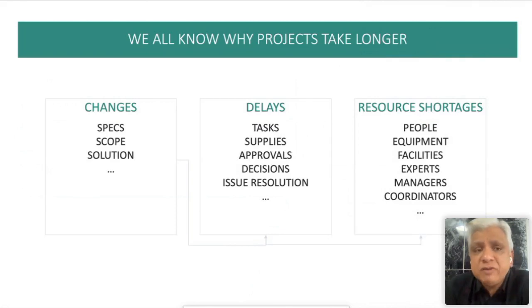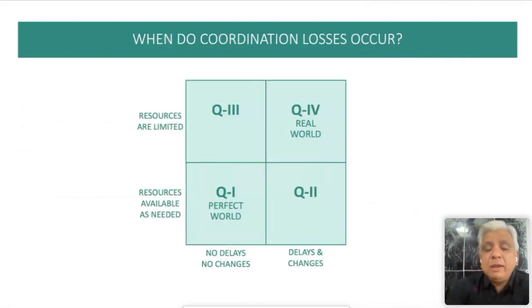We don't live in a perfect world, right? Where resources are available as needed, there will be no delays, no changes. At the same time, if you look at a lot of project planning, it assumes a perfect world, knowing that in the real world you will have delays and changes, and you will have limited resources, right?